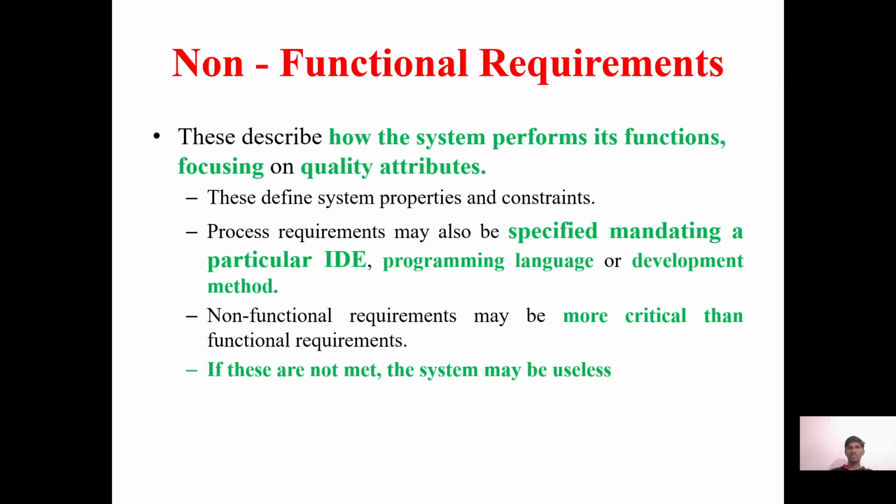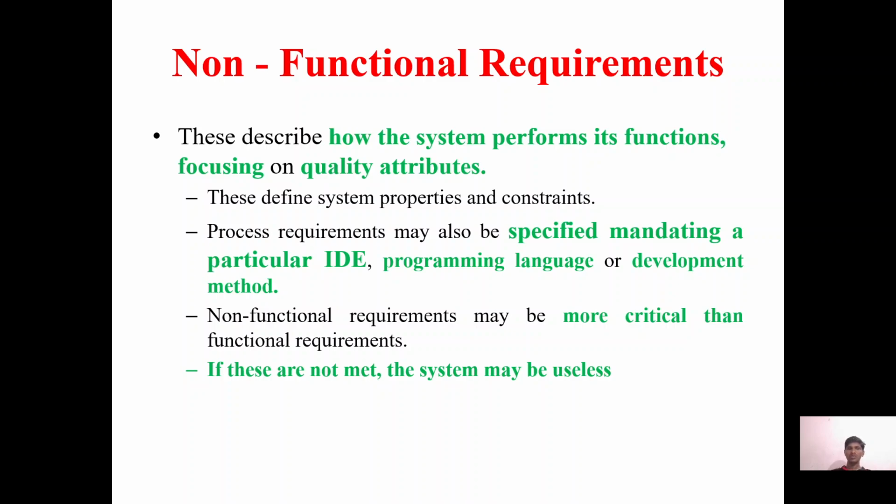Next is non-functional requirements. Non-functional requirements describe the system performance and the quality attributes of the system. For example, in the RMS calculation software I mentioned, in how many seconds the RMS value will be computed for the given input is a kind of non-functional requirement.